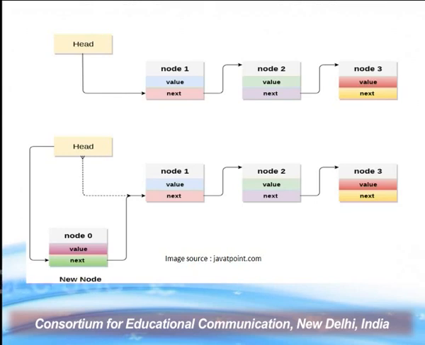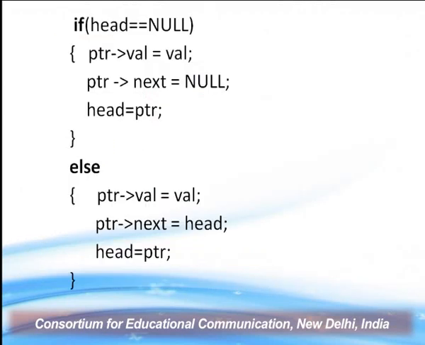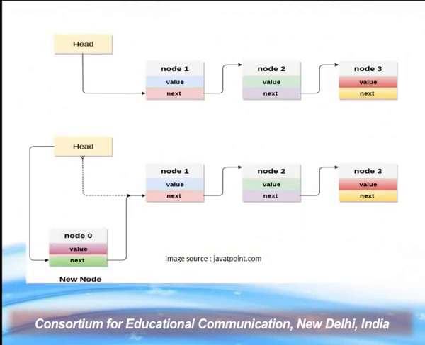Now, what we need to do next? In order to make the top element the last input, we need to set the pointer of head to PTR. So, the value of PTR will be given to head, by head equals PTR, and the link between the head pointer and node 0 will be established here.